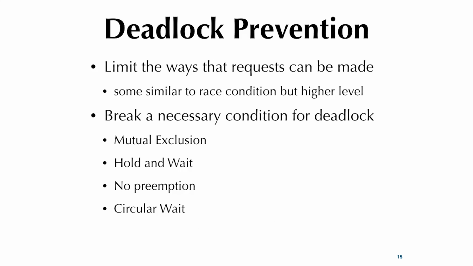But anyway, deadlock prevention, that's the strictest form. So that means there's a lot of limitations, a lot of restrictions on the ways that requests can be made. And this is raised to a higher level. So what does it take? Well, it takes breaking just one or more of these necessary conditions for deadlock.